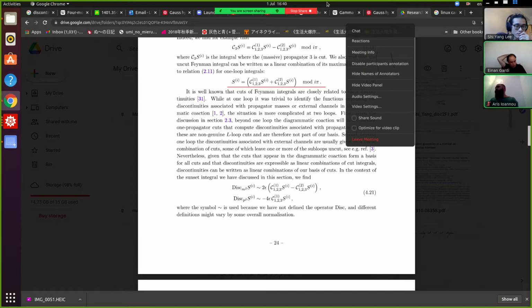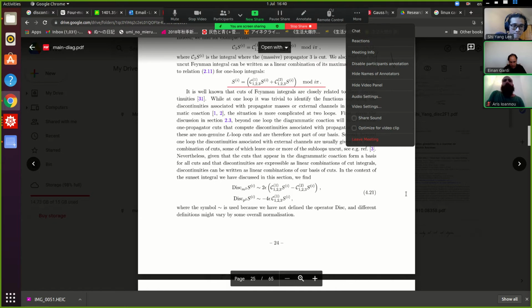We want a situation where we have more channels, more propagators that we can cut that belong to different channels. So I suggested to begin with the bubble triangle.